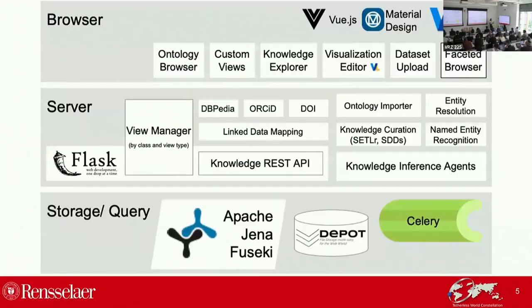So how do we do this? Well, we start with a software stack, of course, because everyone loves their architecture diagrams. So kind of from the bottom up, we use Jena Fuseki. Now, that is obviously open source.